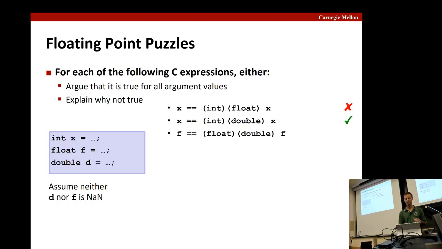What about this one? I start off with something that's a float, I cast it to double and back to a float. Does that work? Yeah. Okay. What about the other way around? Take a double. No, you're going to lose a lot of bits there, right? Should be good, right?